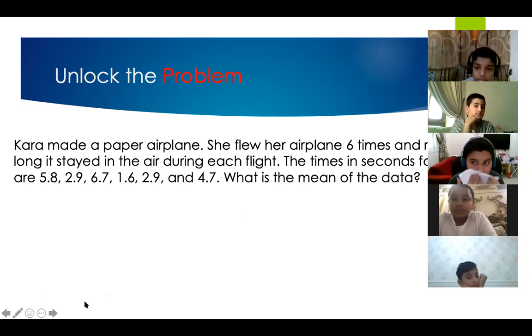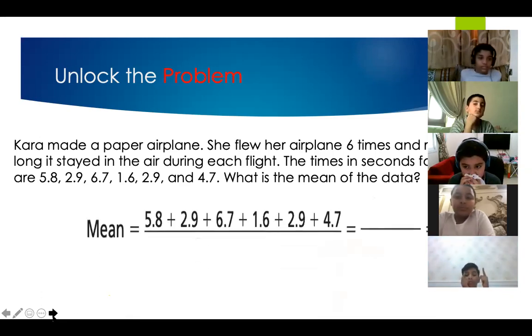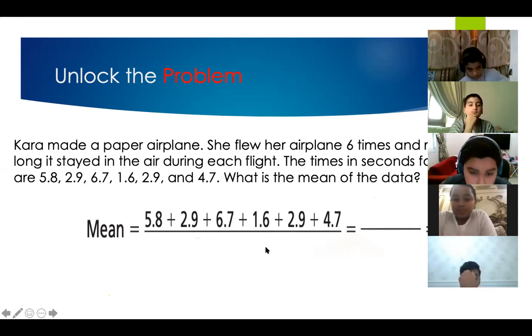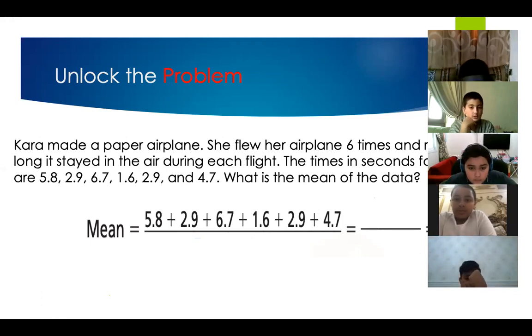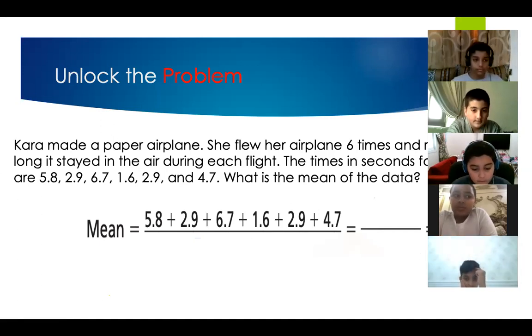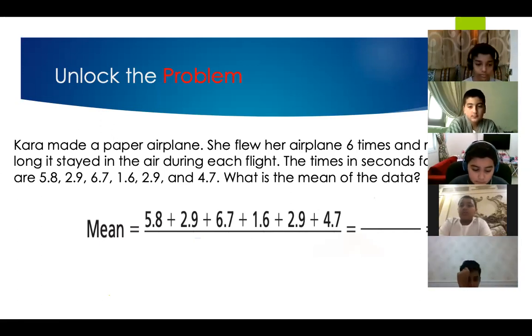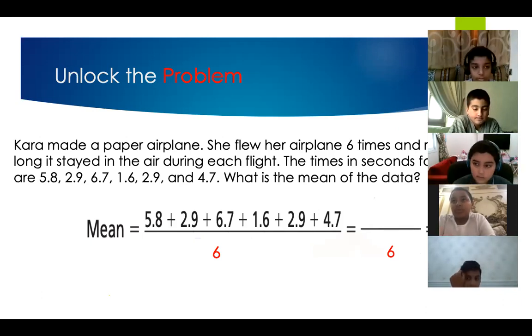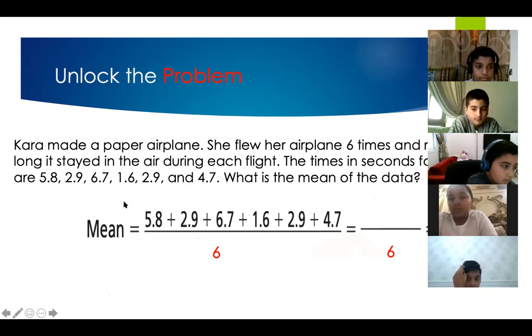So to find out the mean, we need to add all the numbers together, and then we will divide them by which number? 6. Bravo. Why? Because I have 6 data items. Is it clear? Okay, I want you now on a piece of paper to calculate the sum of the data here and tell me the final answer, please.